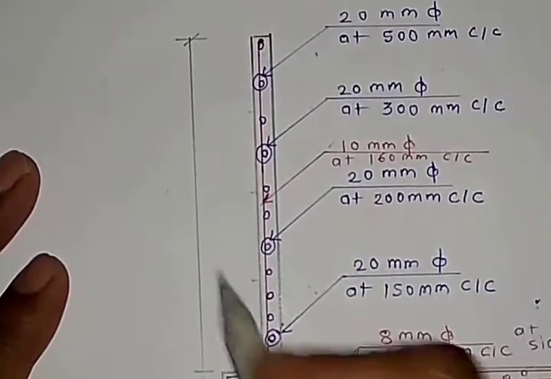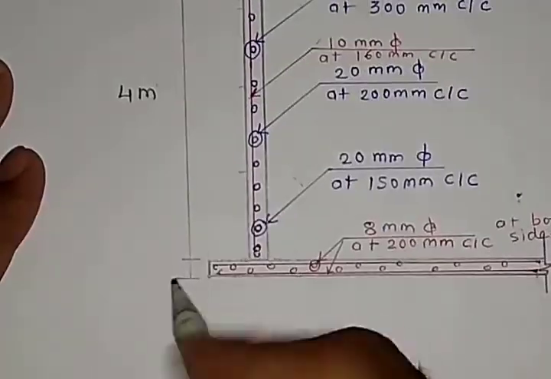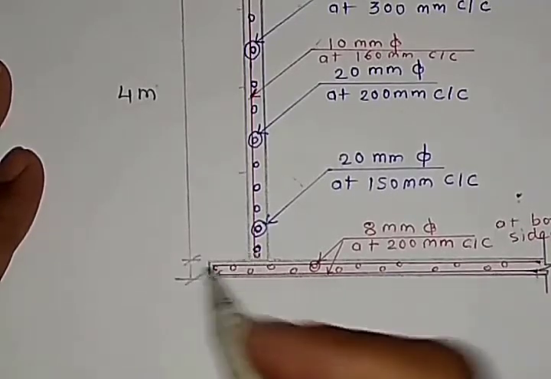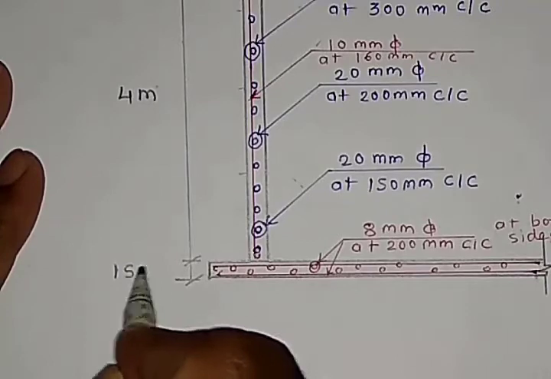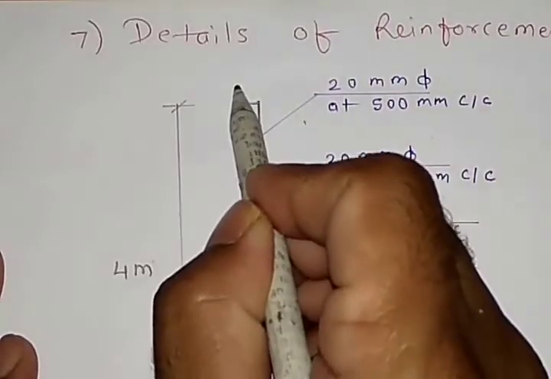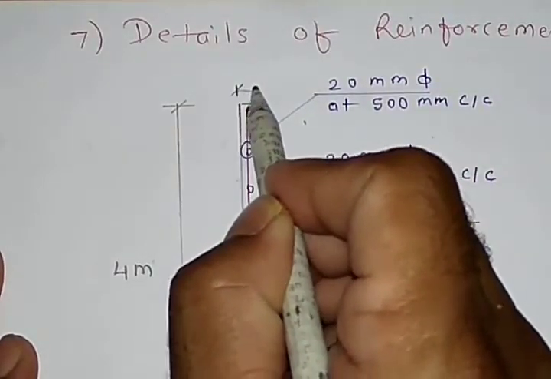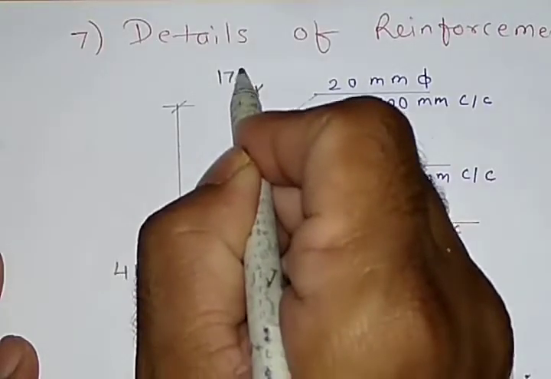So this depth is 4 meter, and then this is 150 mm, and you have the thickness of the wall, that is 170 mm.